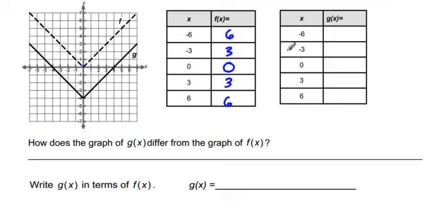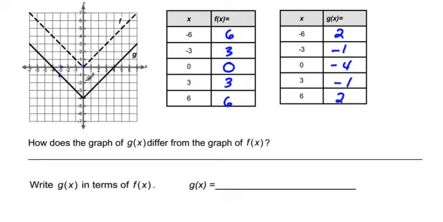Now let's do this same thing for g of x. If I look at negative 6 for x, I can see that it's at 2. And then at negative 3, we look here and it's at negative 1. The vertex is at 0, negative 4, and then this is going to be symmetrical.